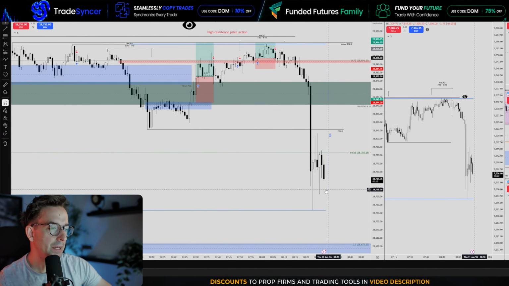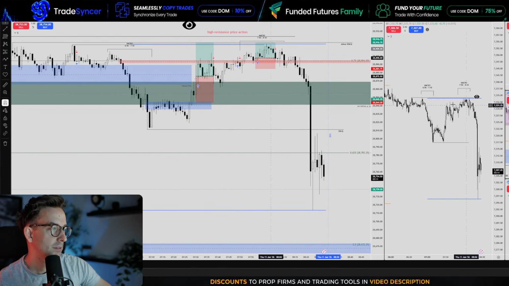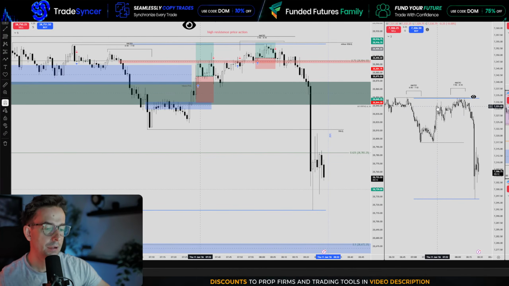We hit the midnight open here twice from a wick perspective. Extremely smooth highs formed above us. Let's see if ICT tweets anything.